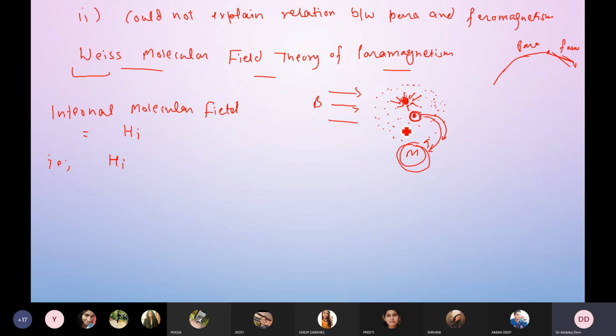I told you this internal field is helping the magnetization to increase. It is raising the magnetization. So what does it mean? That the internal field is directly proportional to magnetization, which further implies that the internal field is equal to λM, where λ is known as the molecular field constant.